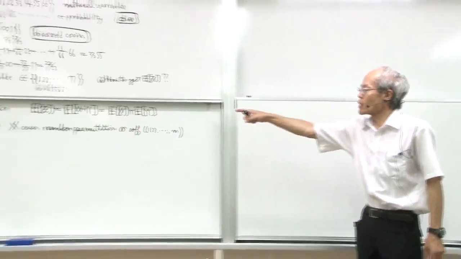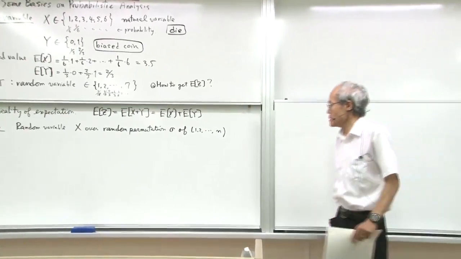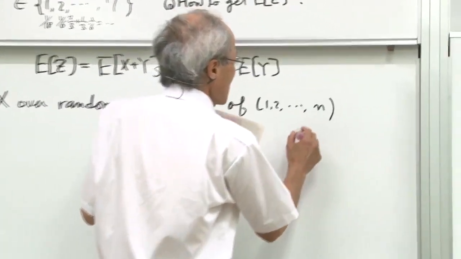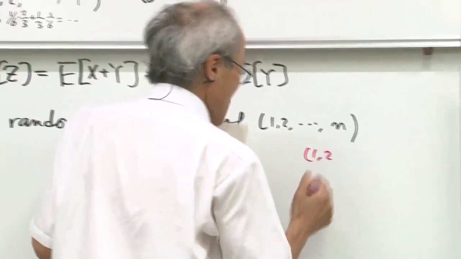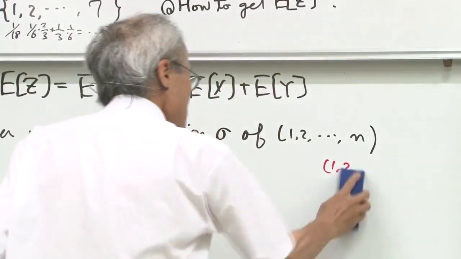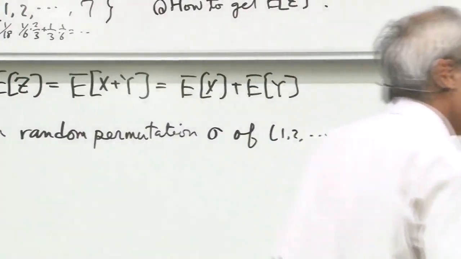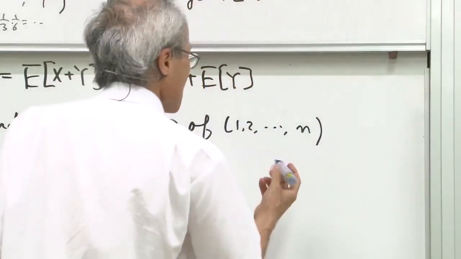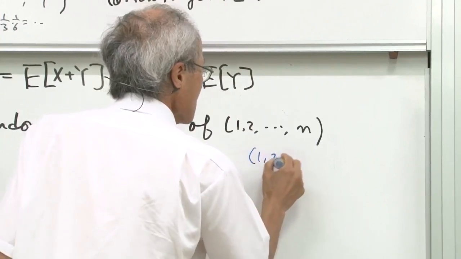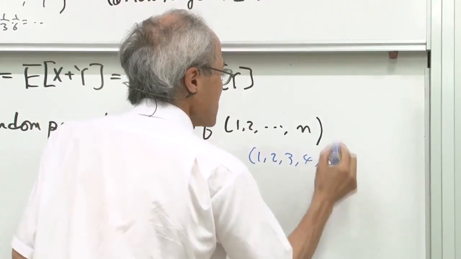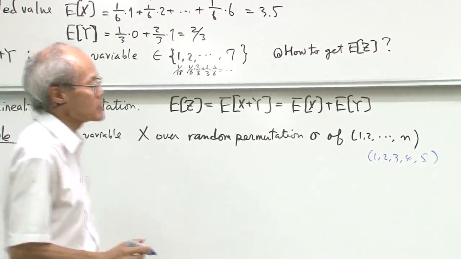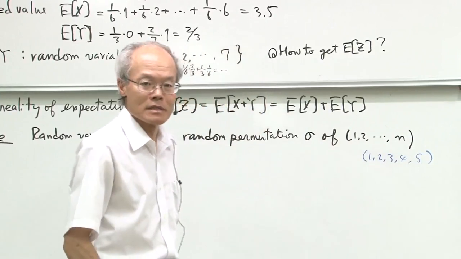Okay. We'll be thinking of a random permutation of 1 through n. What is a random permutation? For example, if 1, 2, 3, 4, 5 is the basic set of numbers, a permutation is just a rearrangement of these 5 numbers.